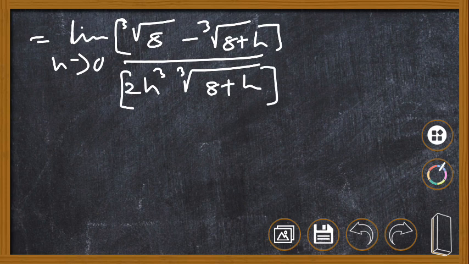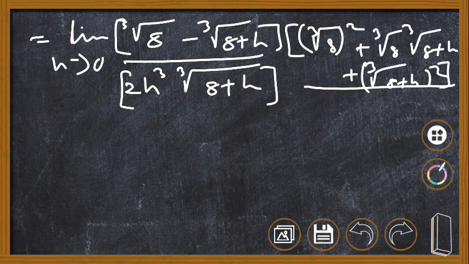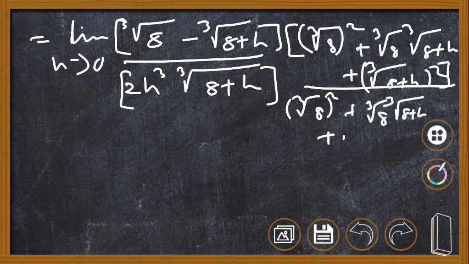What I will multiply is, cube root of 8 whole square, then plus cube root of 8 into cube root of 8 plus h, then plus cube root of 8 plus h whole square, and the same thing I will multiply in the denominator. You give a very big bracket for this.